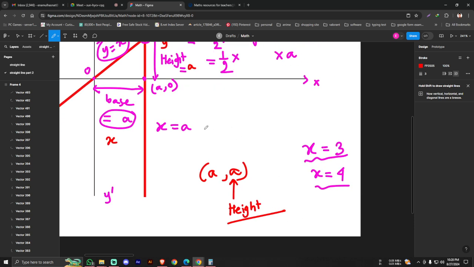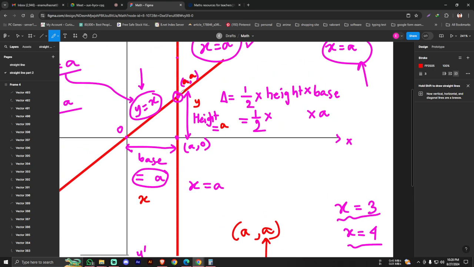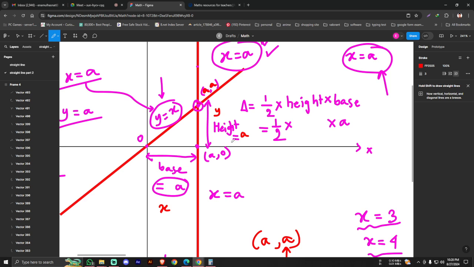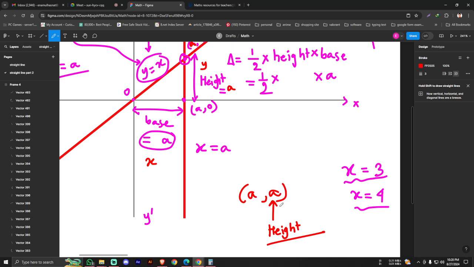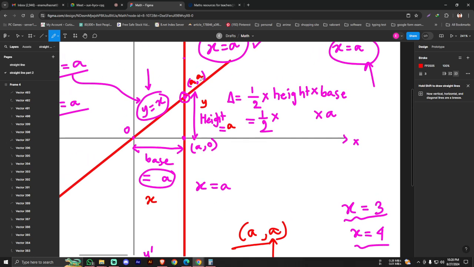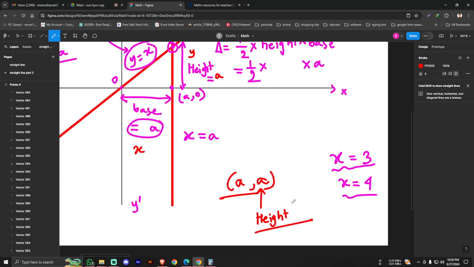Why is that? Because in a graph the y axis gives the height of any given point, or in a coordinate the y value is the height. Suppose this is a straight line here, so the y value is the height here.